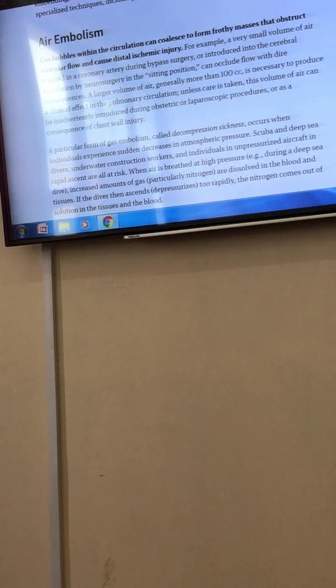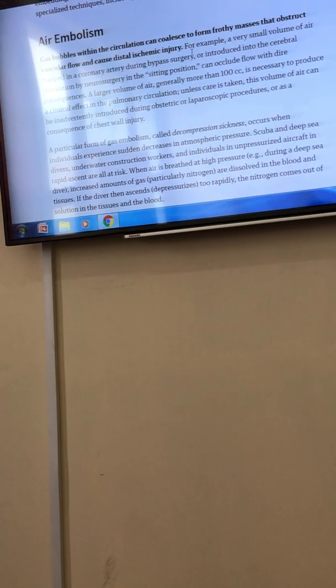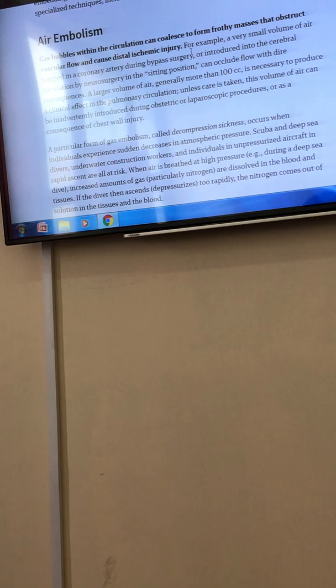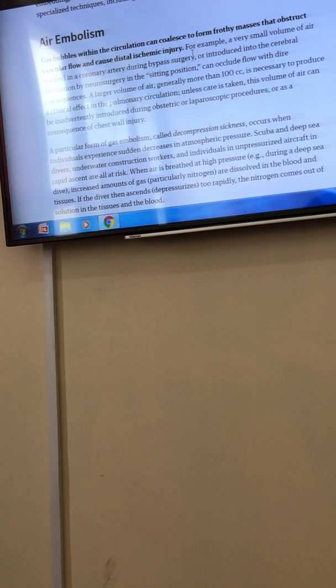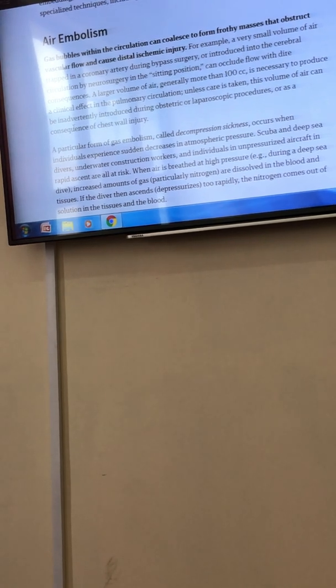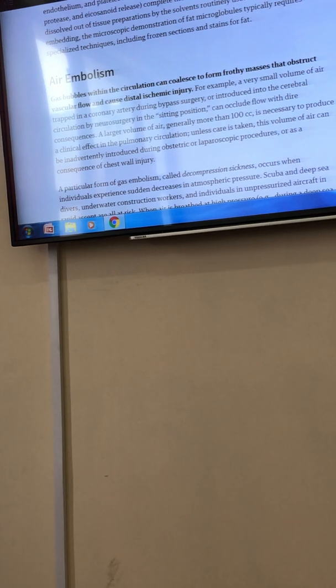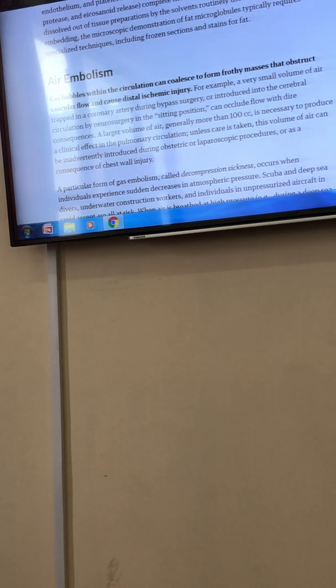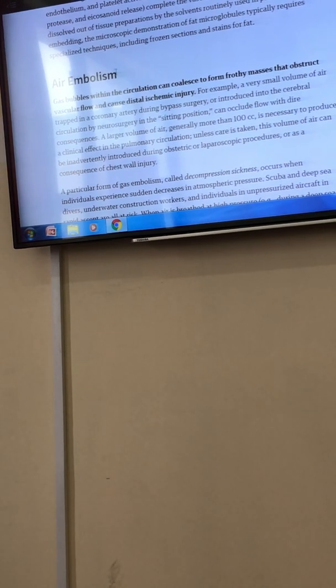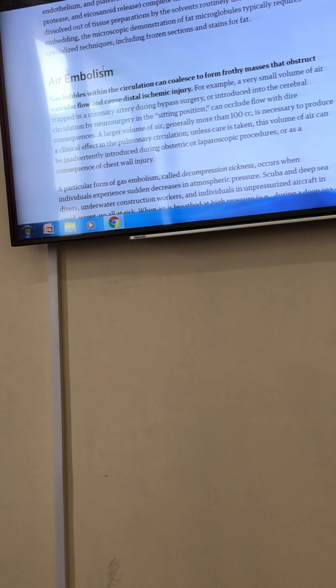But the brain and heart are less tolerant, so just a very small volume of air can cause air embolism. Also in muscles, in air embolism, this nitrogen can cause painful masses in skeletal muscle. Maybe it can be fatal, yes.